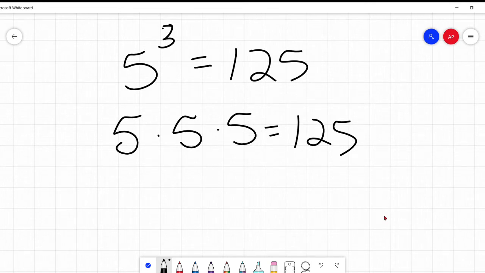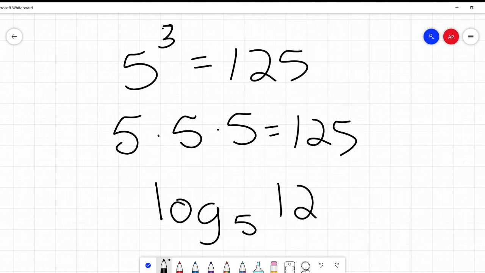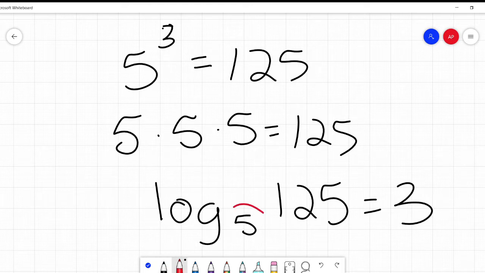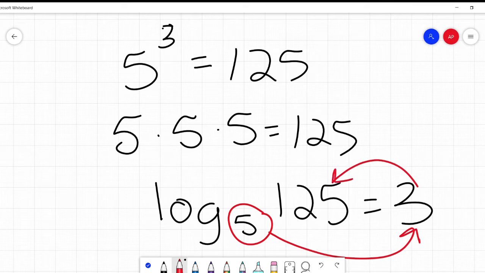So, for instance, this we would write as log base 5 of 125 equals 3. That's it. Same information written, and there's the word log out front. It's saying 5 to the power of 3 equals 125.